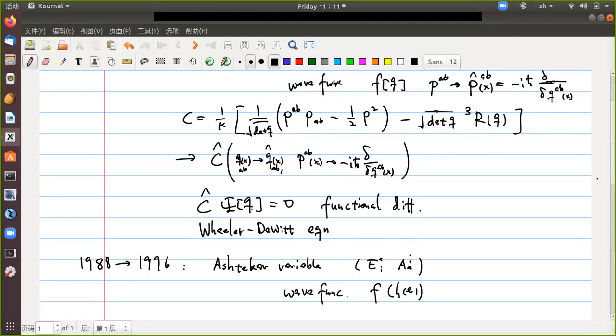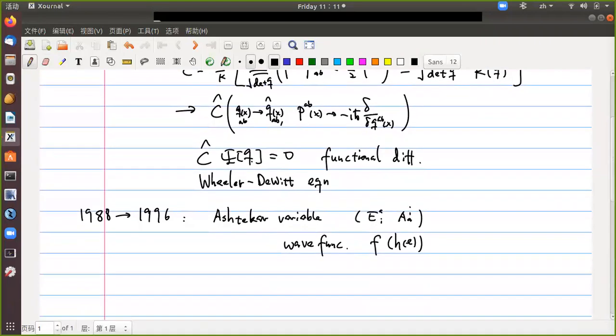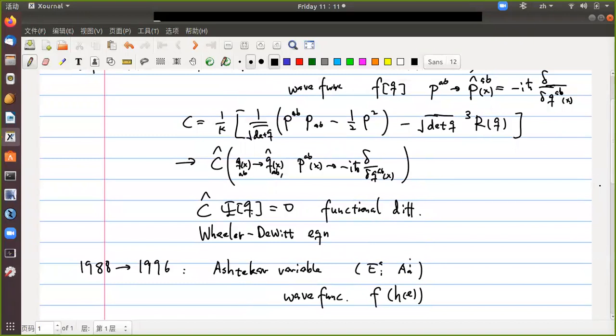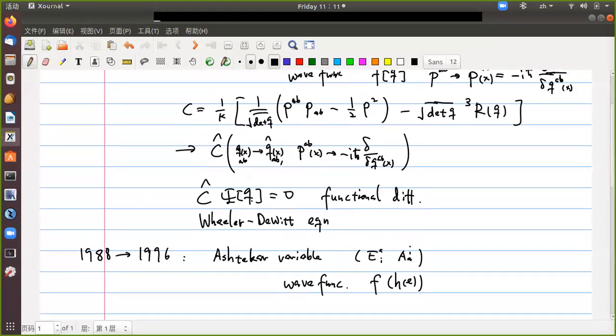So at least at the kinematical level, the Hilbert space and wave functions have become very well defined. Your holonomy operator is just a multiplication operator, and E becomes a flux operator, a right-invariant vector field, and all those operators become well defined.